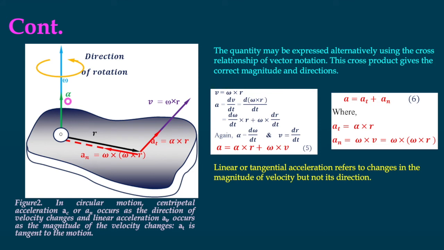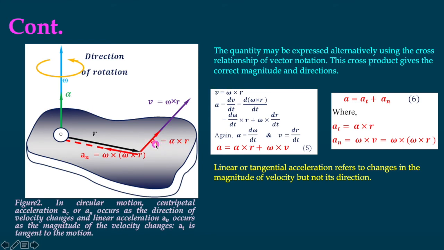Again, this angular acceleration alpha is also in the same direction as the angular velocity. From here we can see why, because we can conclude the direction of alpha from the tangential component.